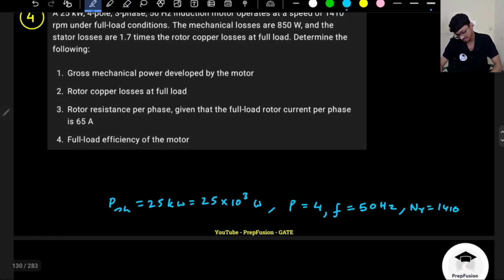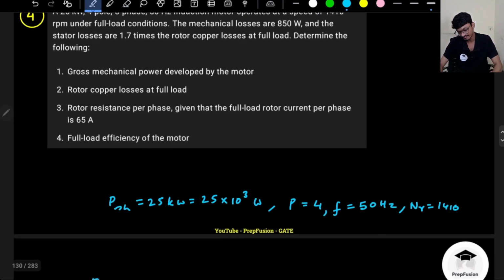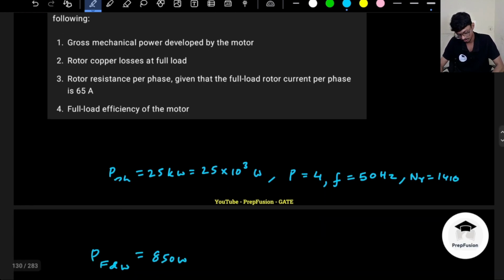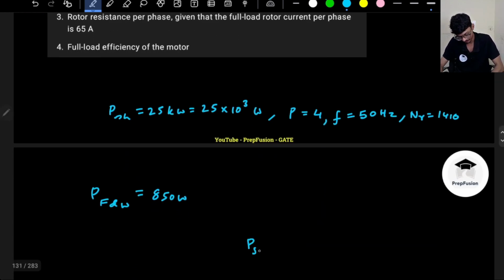And they are telling me the stator losses are 1.7 times the rotor copper losses. This is very interesting. So the losses in the stator equals 1.7 times the rotor loss.